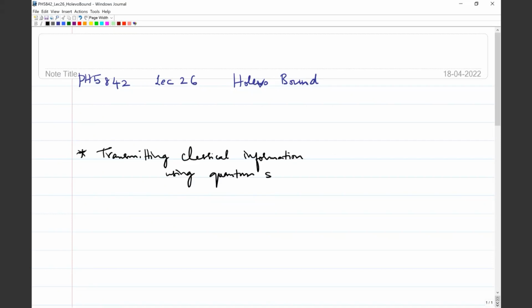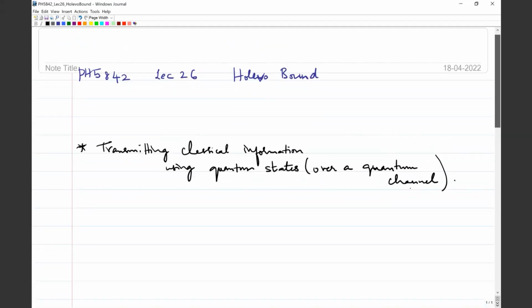And so obviously, this will be over a quantum channel, right? But to begin with, I'm going to assume that there is really no noise in the channel, that this is somehow some ideal transmission that is happening from sender to receiver.